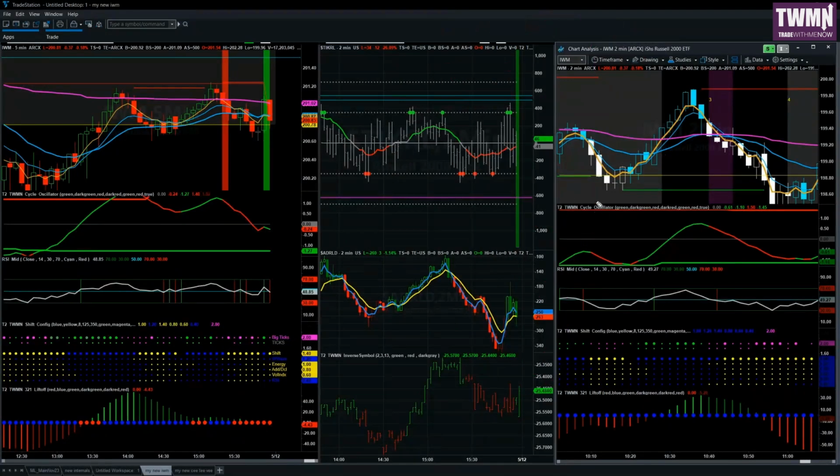Watch this. It is 10:10. Do you think we're in the time of day zone? Yes. So one of the things that you'll see here is a yellow line. This yellow line right here is called the pre-market low. And we see price coming down to it, and we think, well, it's going to do one of two things.